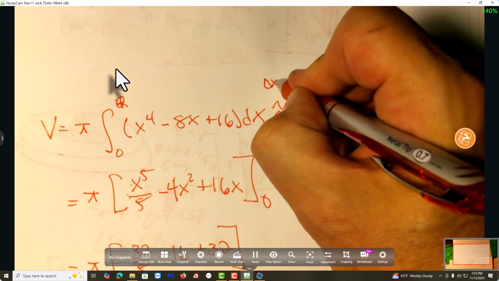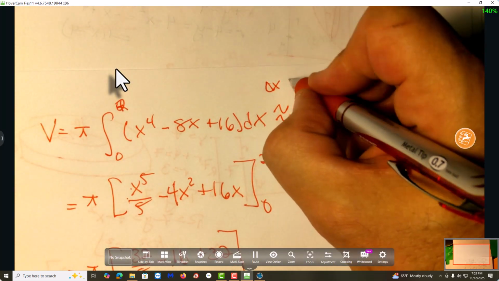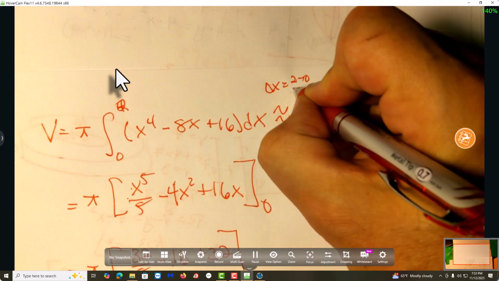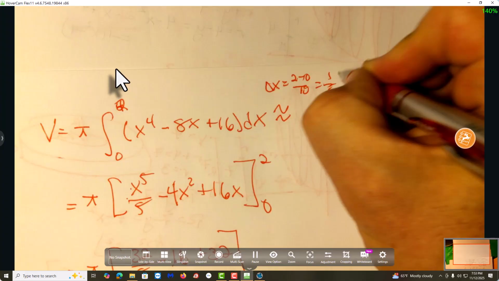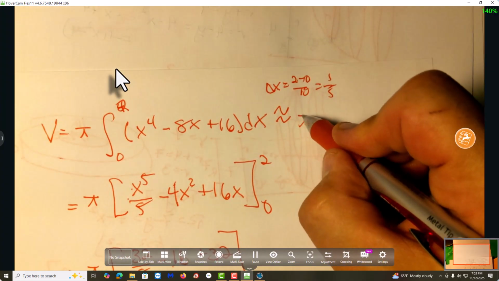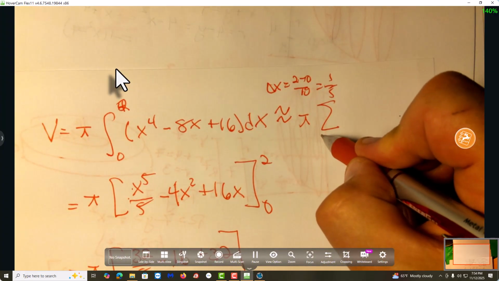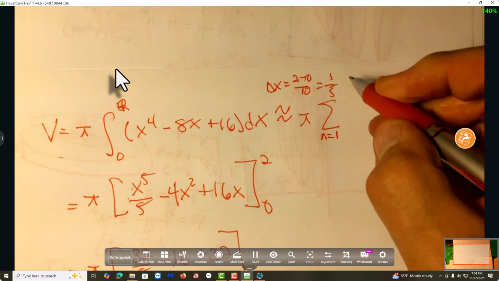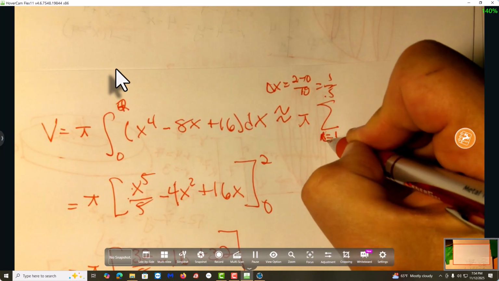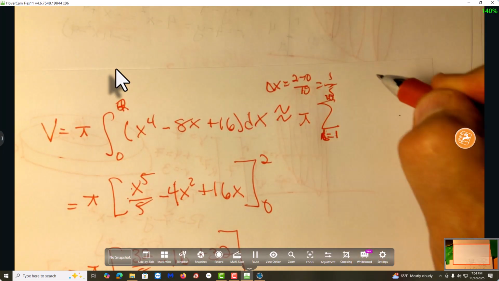So delta x, we had 10 of these, right? So that would be 2 minus 0 over 10. That's a fifth. So this is pi, and we're going to go from i equals 1 to 10, because we had 10 of these.